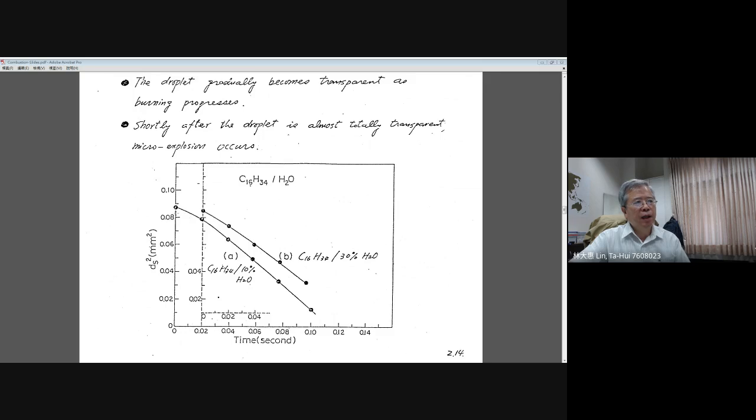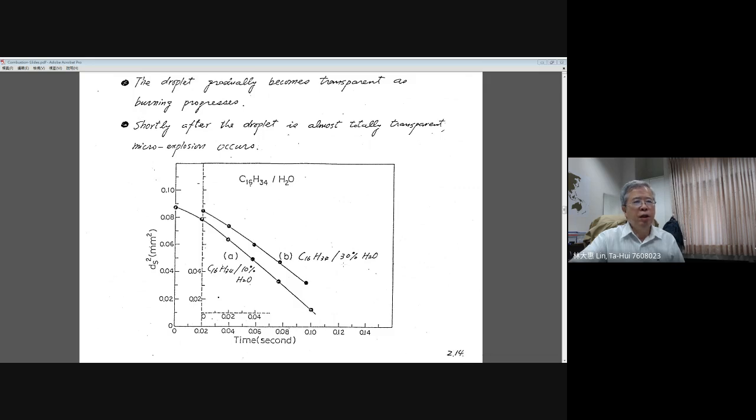In the initial period for C16, because its boiling point is very high, some heat is still used for preheating, and 10% water does not give much intensity for micro explosion until very close to the end of the droplet lifetime.